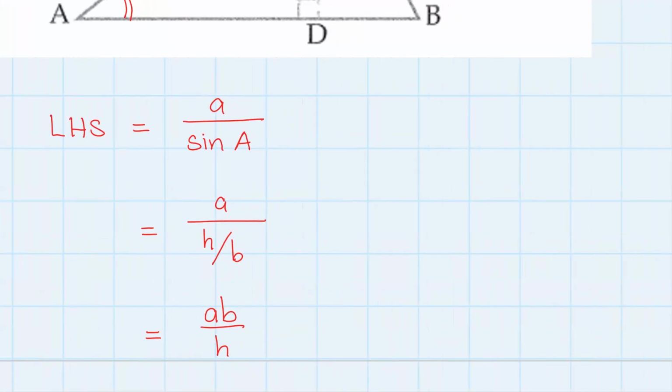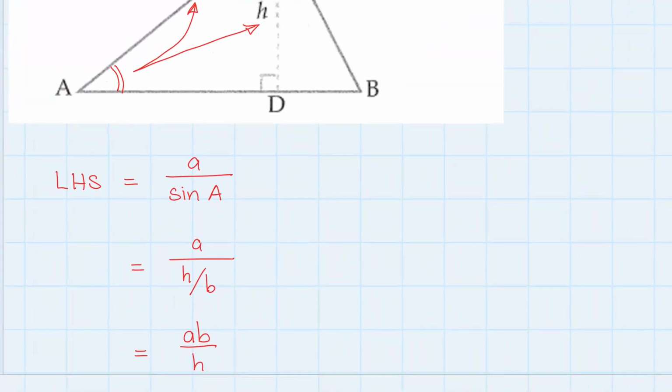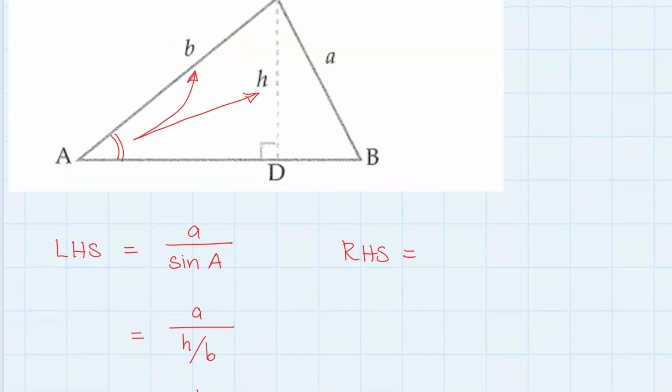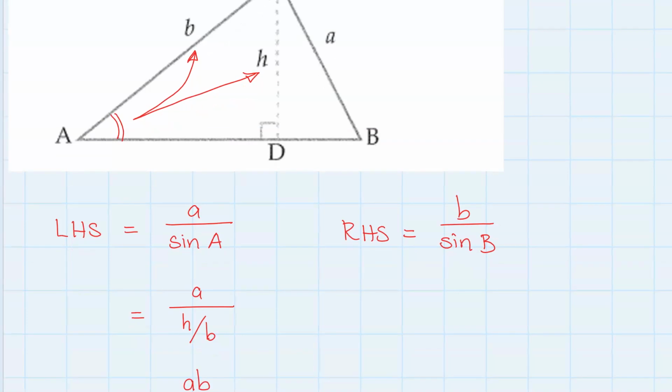That looks pretty simple. And what we're going to do now is work on the right-hand side and see whether or not we can reduce that down to products and ratios of sides as well. So the right-hand side was b over sine of B. And just like we did for the left-hand side, we will rewrite sine of B as a trig ratio.